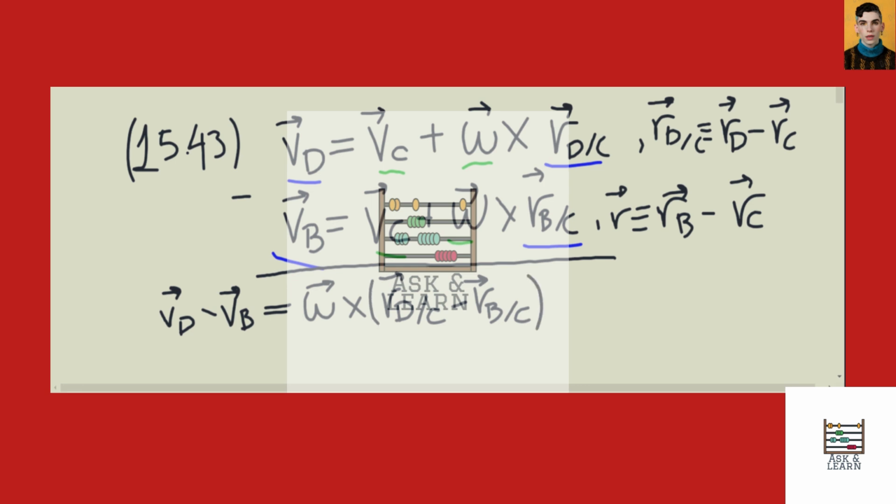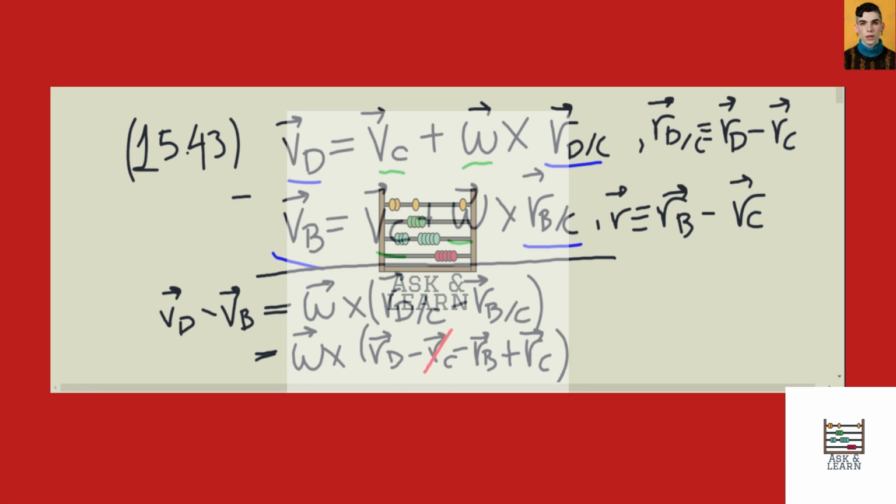Which can be simplified if we use the definitions of the relative position vectors. Minus RC, and then minus vector RB plus vector RC.